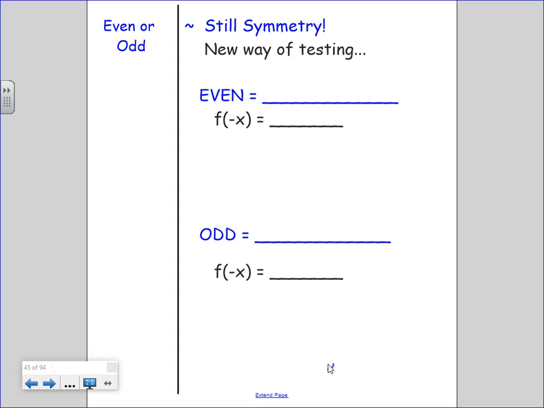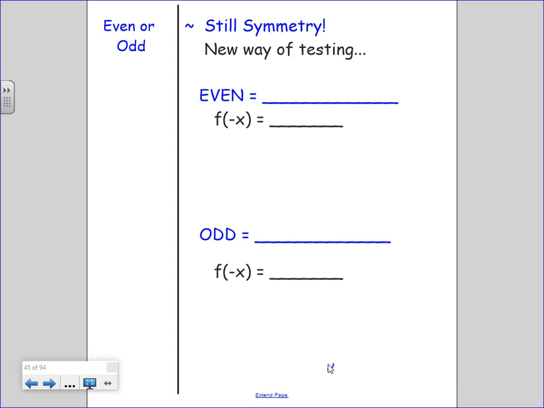All right, last thing. Symmetry. Did we already talk about symmetries? Yeah, that was like section 1 and 2, 1.2, I think. 1.3, something like that. And we're still just talking about symmetry, but there's a new way of talking about it. If a graph is a function, it passes the vertical line test and could only have 2 possible symmetries. If you go back and review x-axis symmetry, can that be a function?